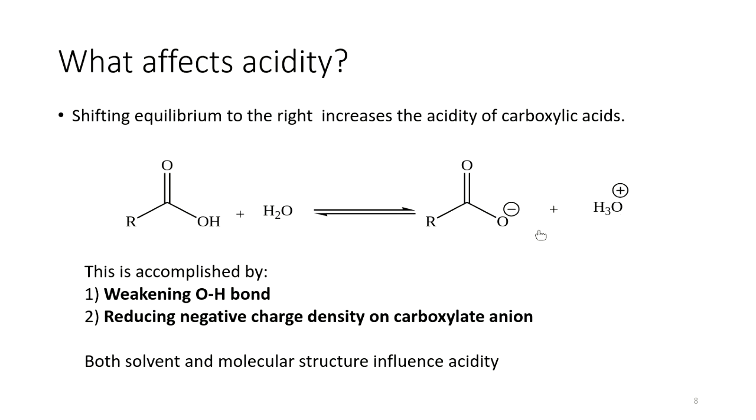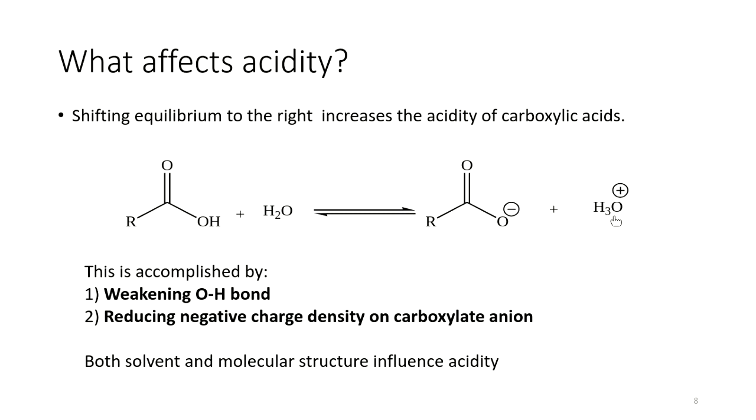So if we reduce the negative charge density that's around this carboxylate group, it means that these electrons are going to be less available to reform the OH bond to give us back the parent carboxylic acid. So anything that reduces the negative charge is going to mean that the proton stays in solution longer and we're going to have enhanced acidity.